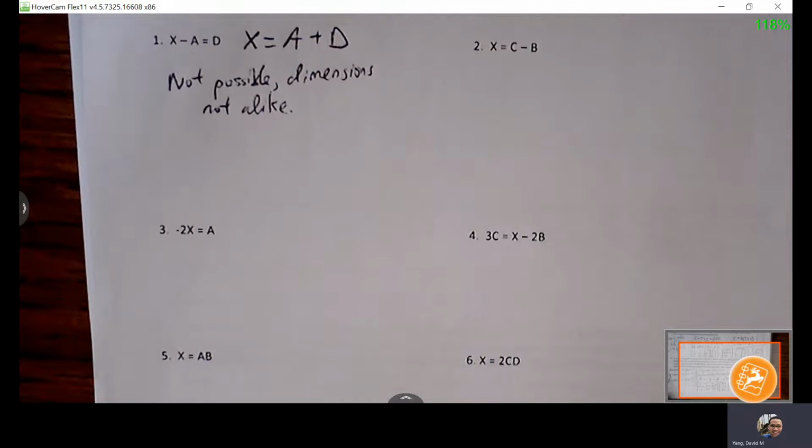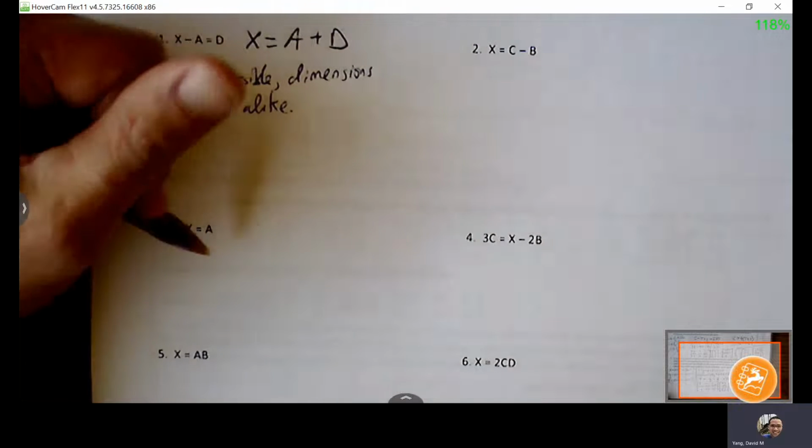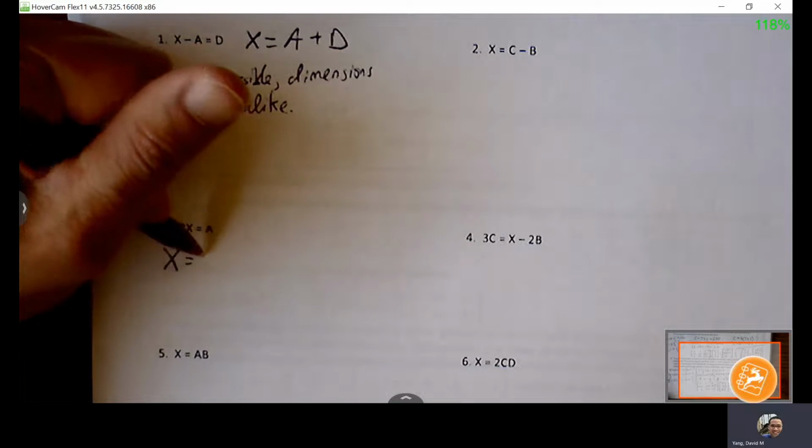Okay, number 3, we're just going down the first column. We're just doing the odds. Negative 2x equals A. How can I solve for x? Divide by -2 is the same thing as what? Good.